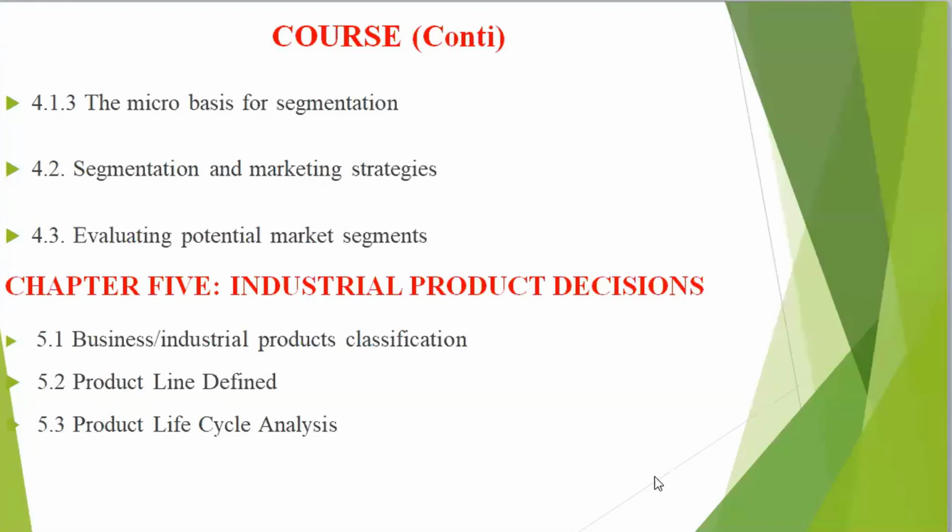Regarding marketing strategy, you may be familiar with the marketing 4P. How are we going to communicate with our customer? So there are marketing mixes or marketing strategies. This marketing strategy is known as marketing 4P.